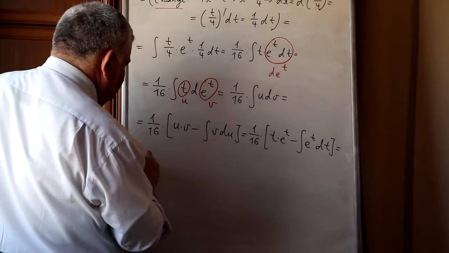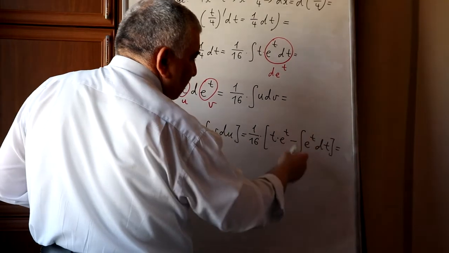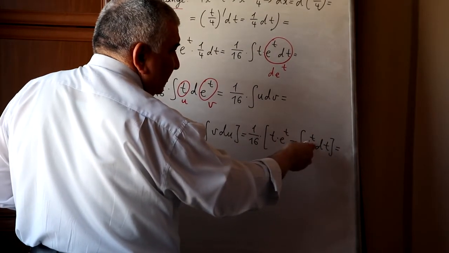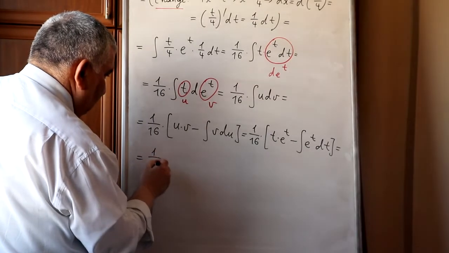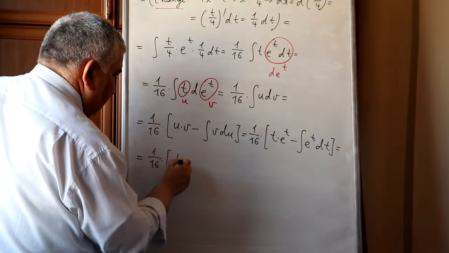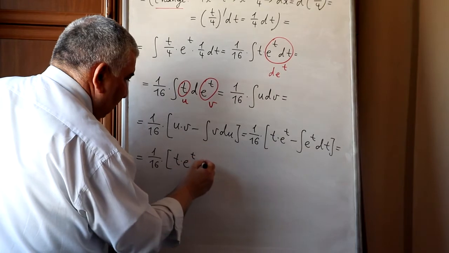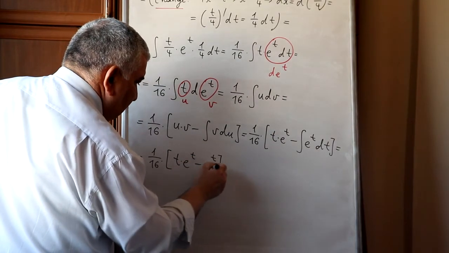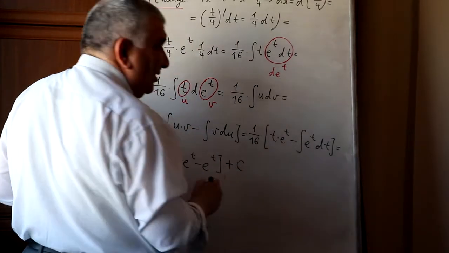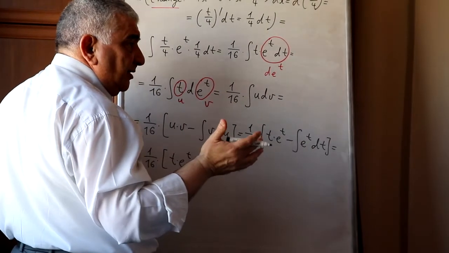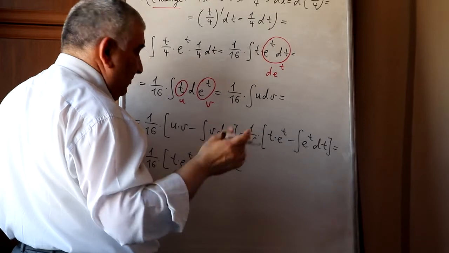This integral is a table integral, and it is equal to e to t. 1/16 multiplied by (t multiplied by e to t minus e to t), and then we must add c, where c is an arbitrary constant, named the integral constant.